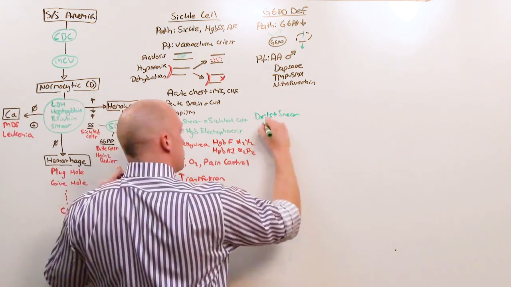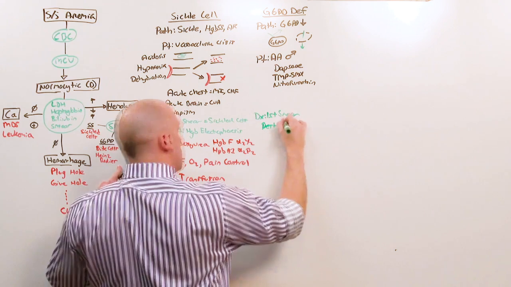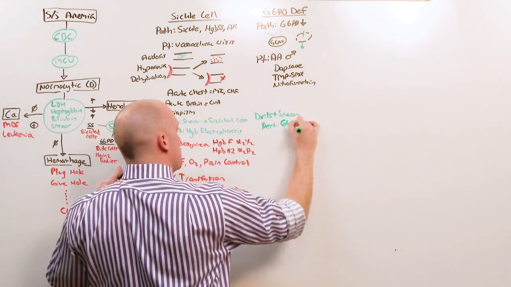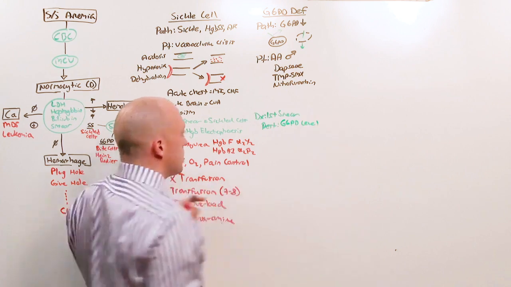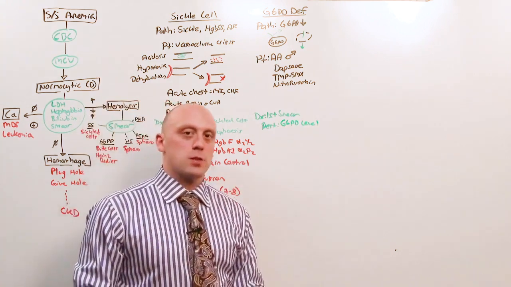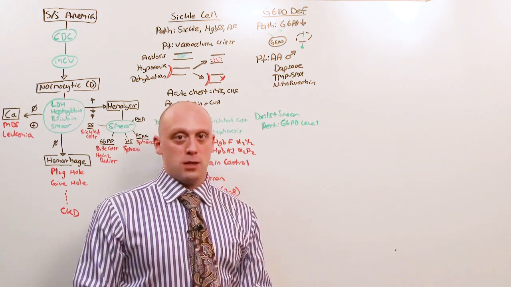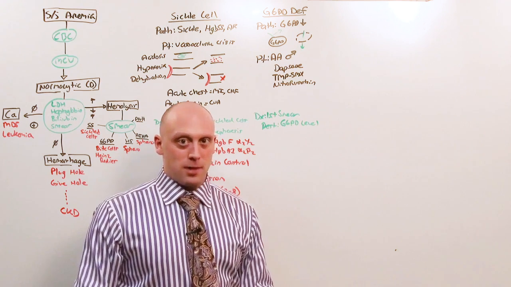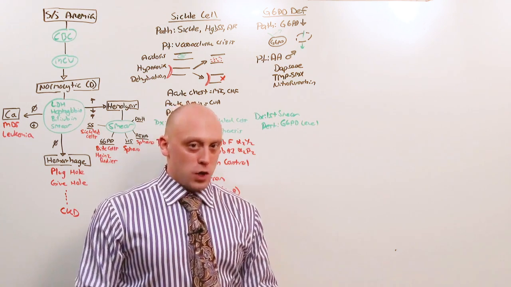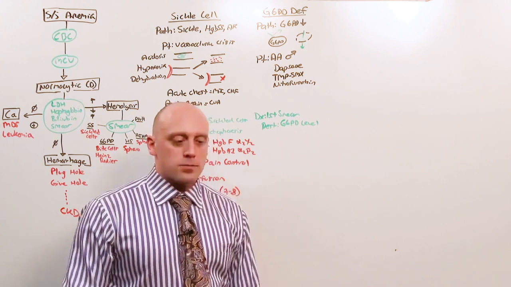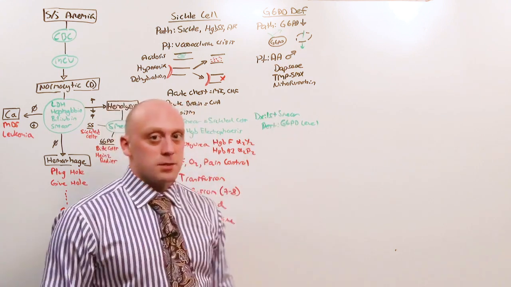The best test is a G6PD level. But the test is going to try to convince you to get a G6PD level during an attack, or they'll give you a G6PD level that's normal during an attack. Young cells have G6PD. They survived the oxidant stress.